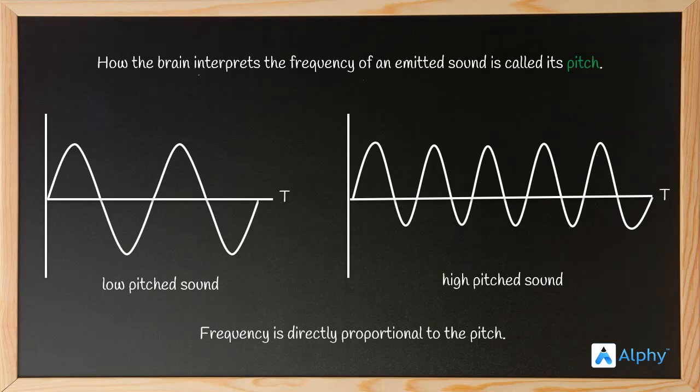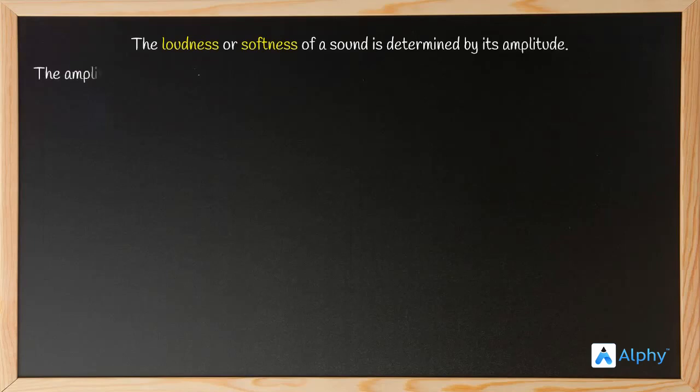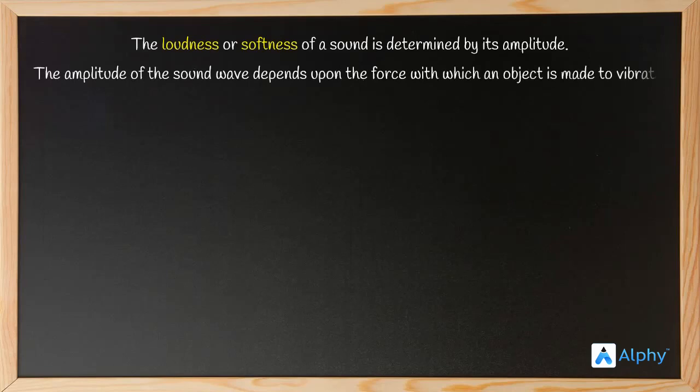Have you noticed that some people are louder than others? Let's see how. The loudness or softness of a sound is determined by its amplitude. The amplitude of the sound wave depends on the force with which an object is made to vibrate. Recall that the amplitude is the distance between the mean value and the peak of the wave.